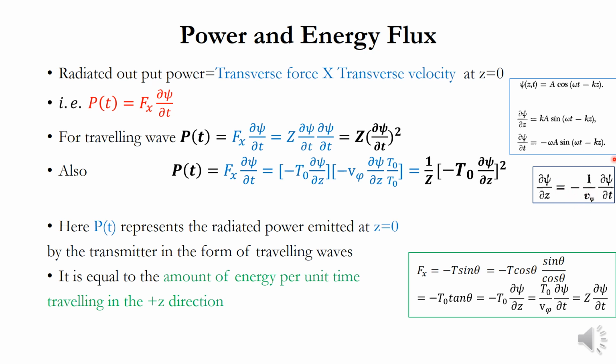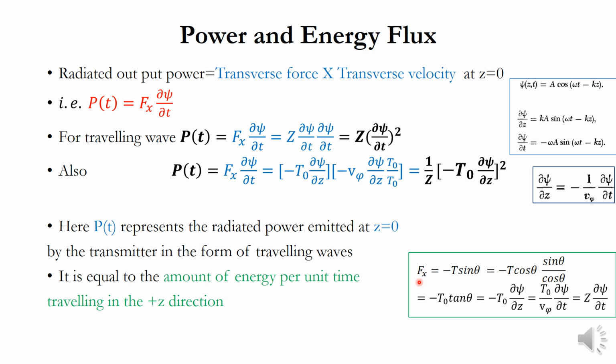That is why this relation. So you can divide these equations and obtain dou psi by dou z is equal to minus 1 by v dou psi by dou t. Now this Fx, the transverse force, is obtained like this.